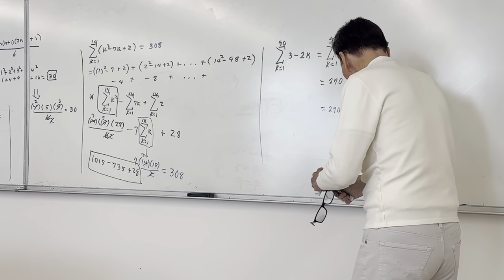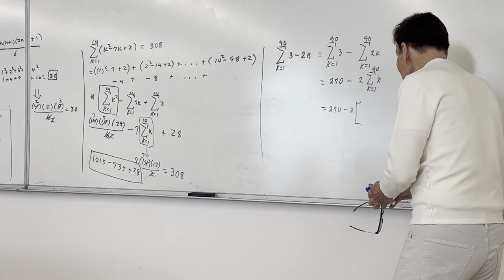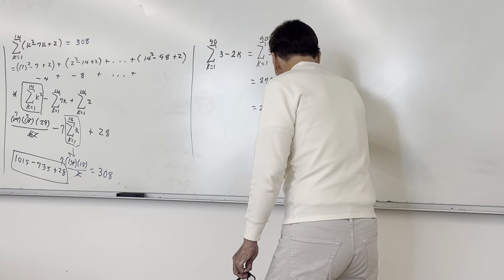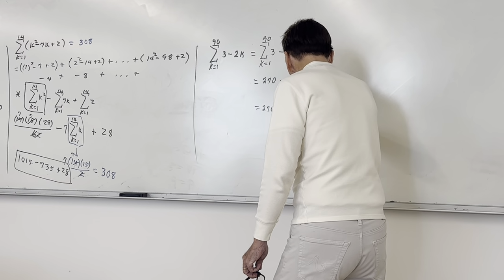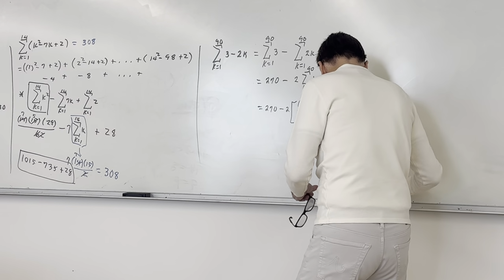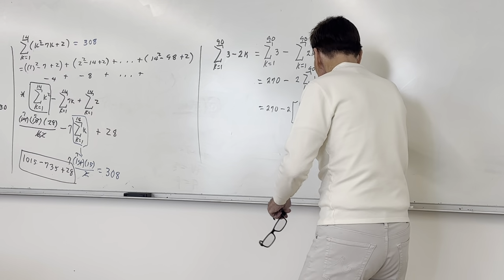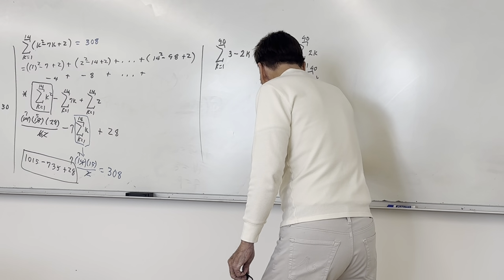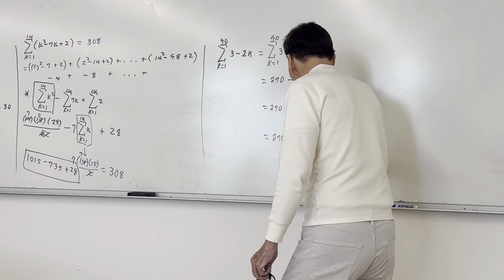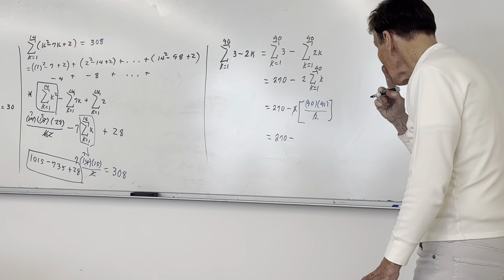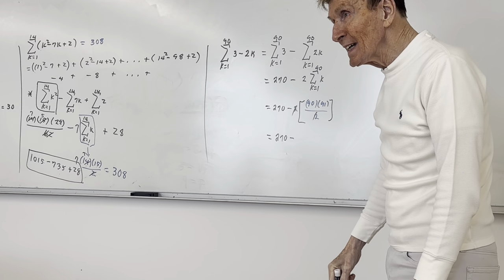If I apply the formula there, it's n times n plus 1, so 90 times 91, all over 2, and see if you guys agree. Just clean this up and I will have the answer. It's like 270. These 2's cancel. 90 times 91, I'm trying to do it here myself, help me out. 8190?